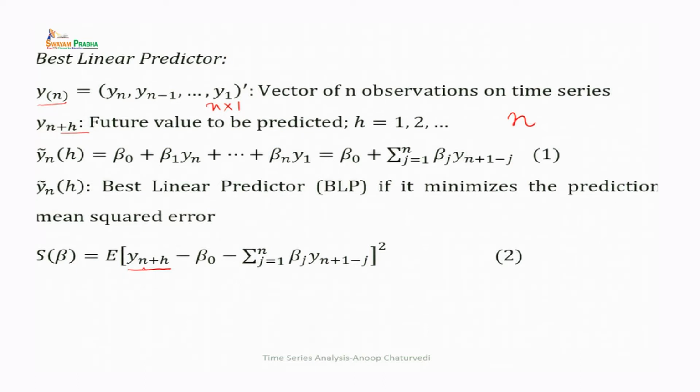So, we subtract this predicted value from the actual value. This is equal to y n plus h minus y curl n h, whole square.